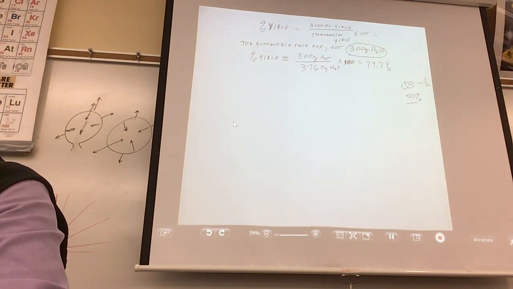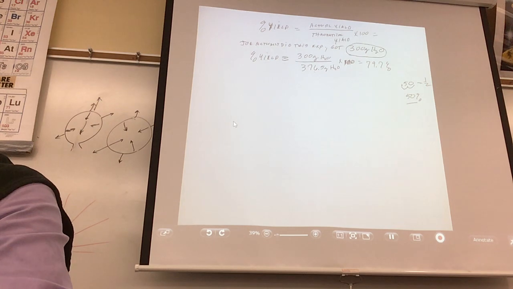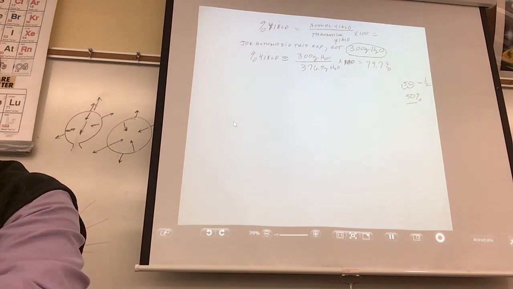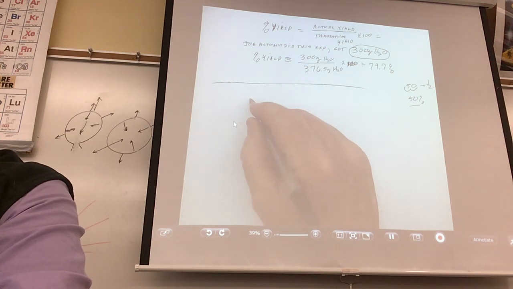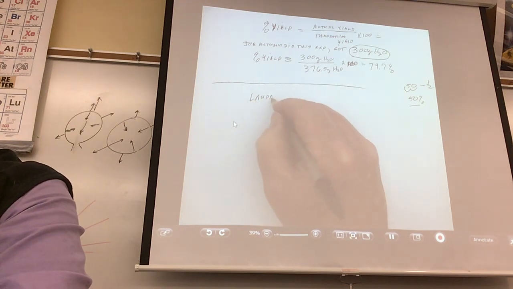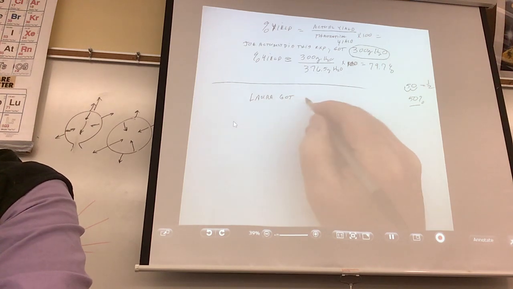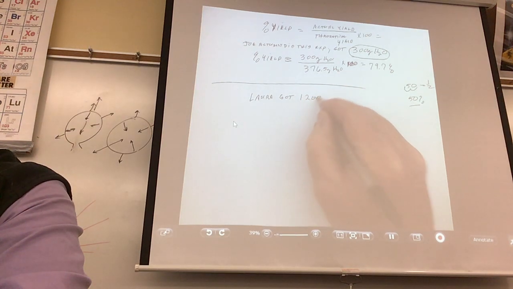What do you think? Are you okay? I'm going to give you another one. You try it. Let's say that somebody else does the same experiment, except, let's do, who can this be? Who do you want this to be? Laura. All right, Laura? Okay. Laura got 1,200 grams of lithium carbonate.